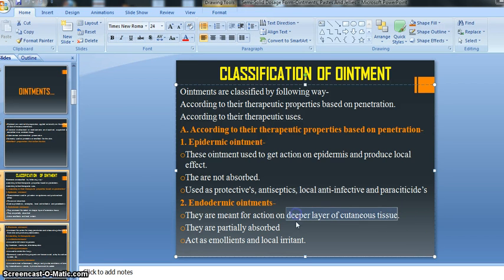They are meant for action on the deeper layer of cutaneous tissue. When we need the action of the drug in our cutaneous or subcutaneous tissue, meaning the deeper layer, endodermic ointments are prescribed, because they are partially absorbed through our skin layer.